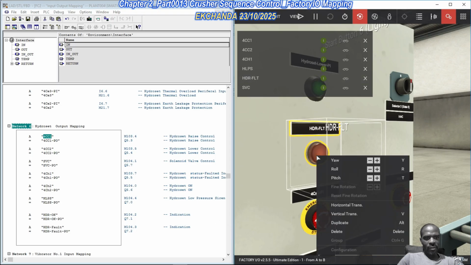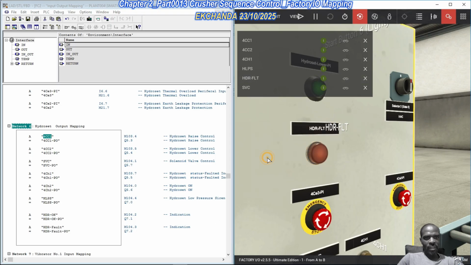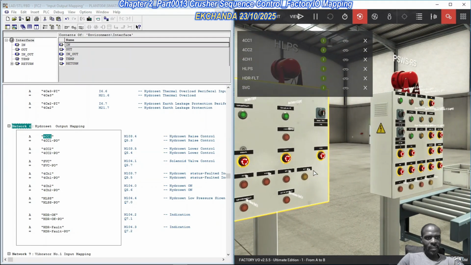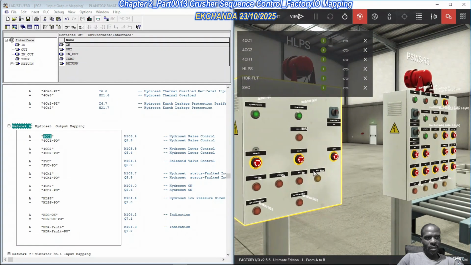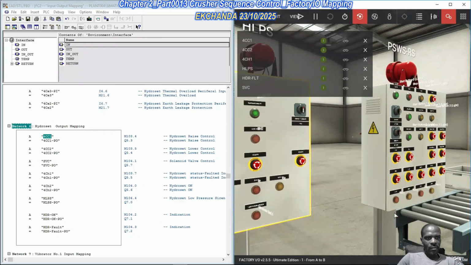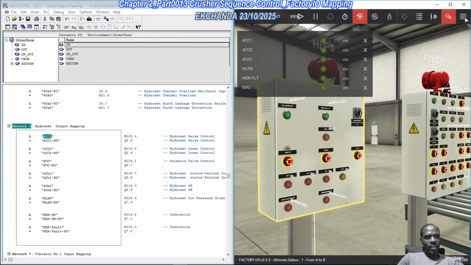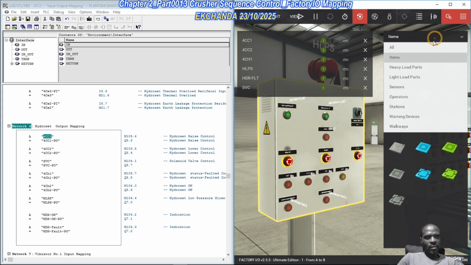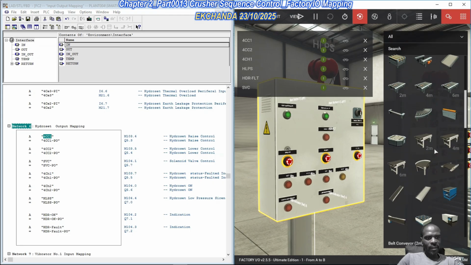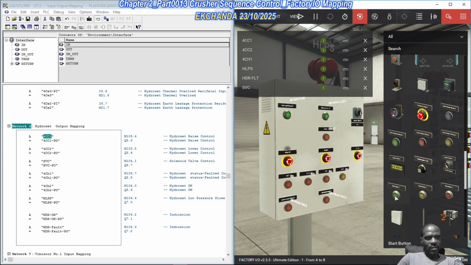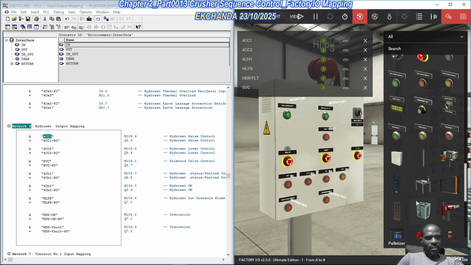Do we have some configurable parameters? Apparently not. Do we have a green indicator lamp? Nope. So we need an indicator lamp which is green. So start push button, that's not what we need.